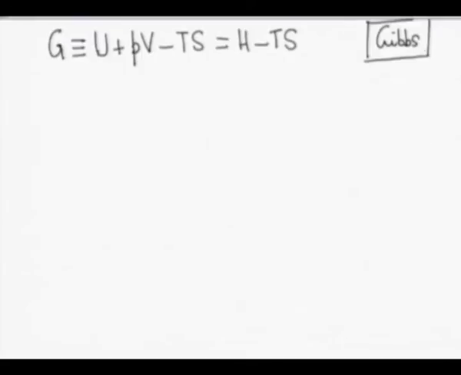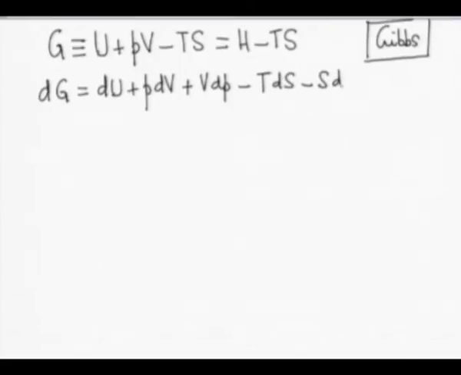Same treatment, differentiate. dG is dU plus PdV minus TdS minus SdT. Oh, there is a VdP also, I forgot. Plus VdP minus TdS minus SdT.